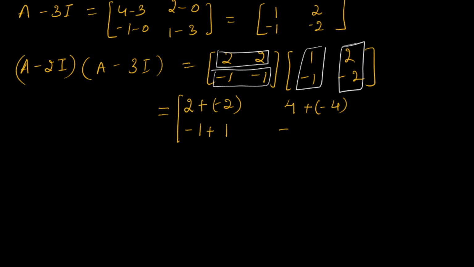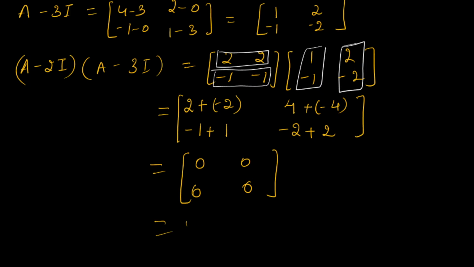Minus 1 into 2 is minus 2 plus minus 1 into minus 2 is positive 2. After solving, 2 minus 2 is 0, 4 minus 4 is 0, minus 1 plus 1 is 0, minus 2 plus 2 is 0. So the answer is a null matrix.